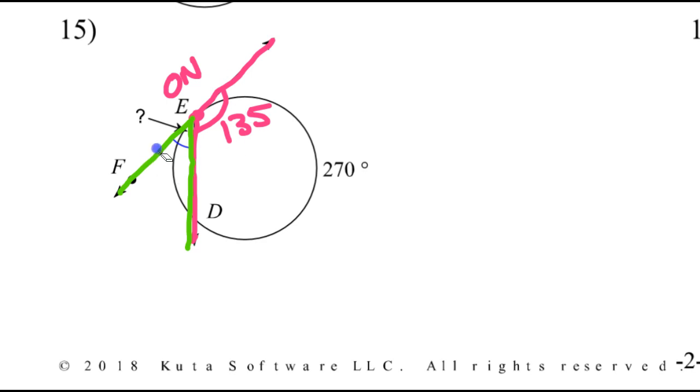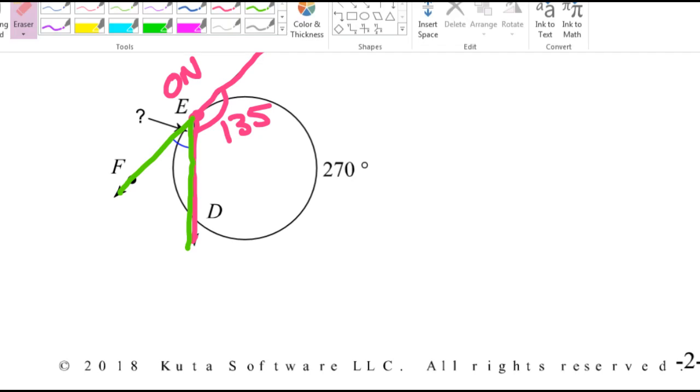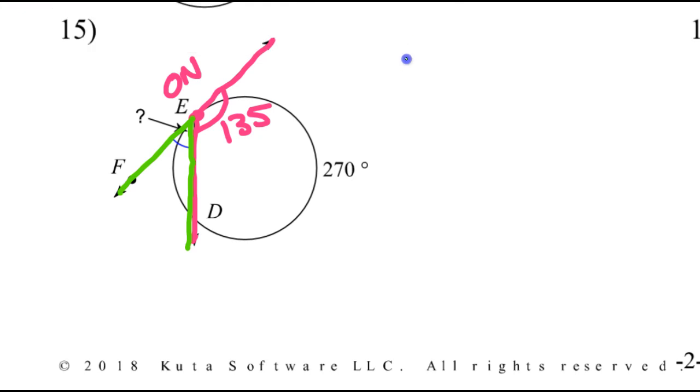So together these two have to add up to 180. It's a linear pair. So I should be able to go 180 minus 135. And that should give me the missing angle. So that should come out to be 45 degrees.